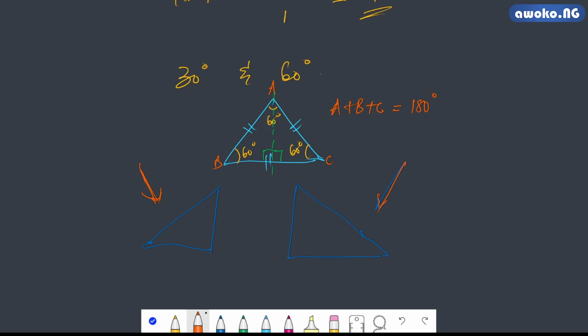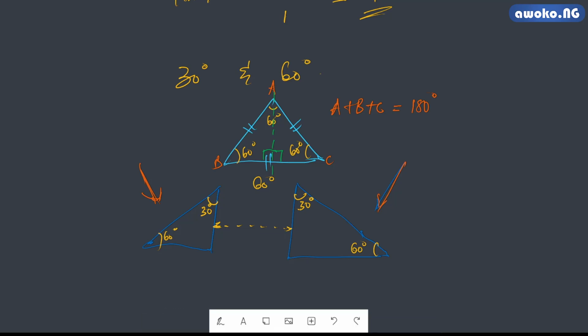Alright, so coming back to what we have, this side is equal to 30 and this is equal to 30, because if you bring this closer, you realize that 30 plus 30 will give 60 degrees. So this is angle 30 and angle 30. Is that okay? While this is 60 degrees and this is 60 degrees.